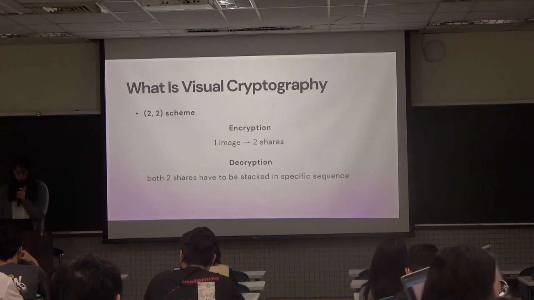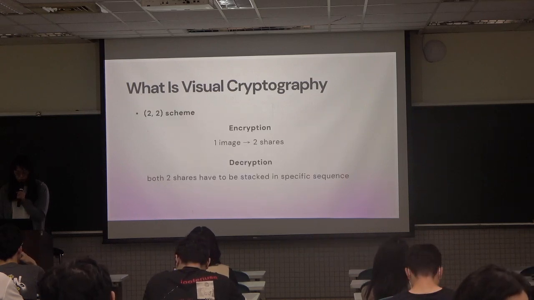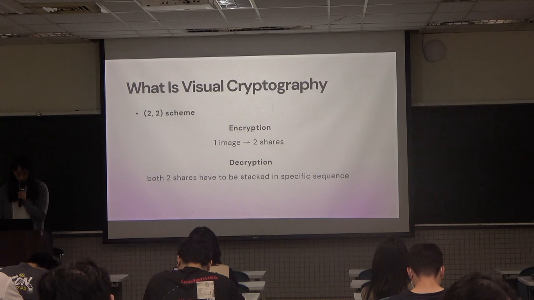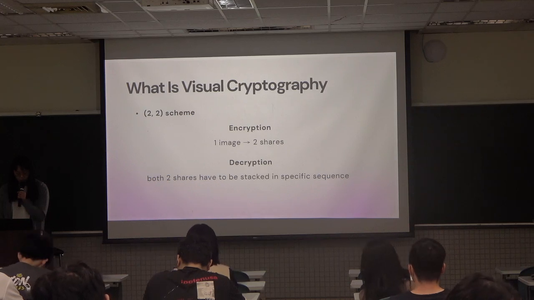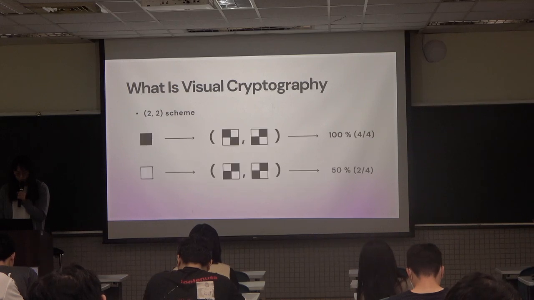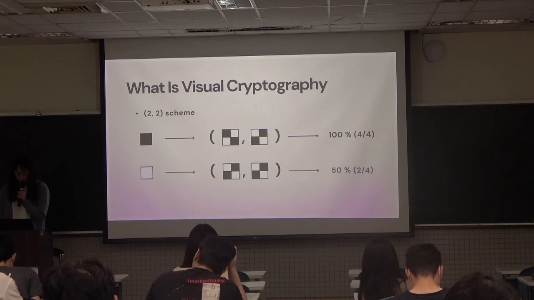In the 2 out of 2 scheme, we divide the original image into 2 shares and distribute them to 2 different recipients. If we want to decrypt it, we have to collect both shares and stack them in a specific sequence. In this example, we subdivide a single pixel into 4 smaller pixels of 2 by 2.